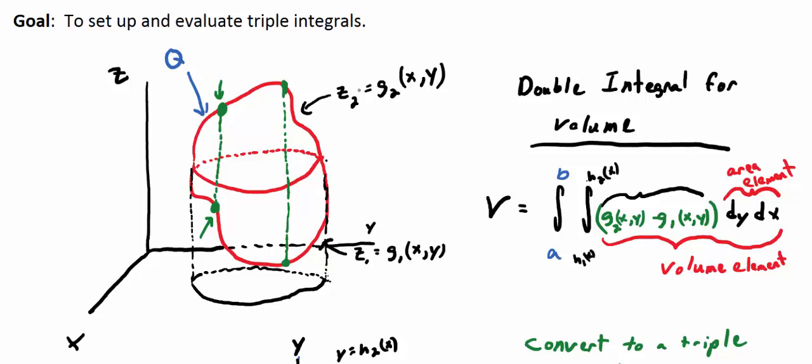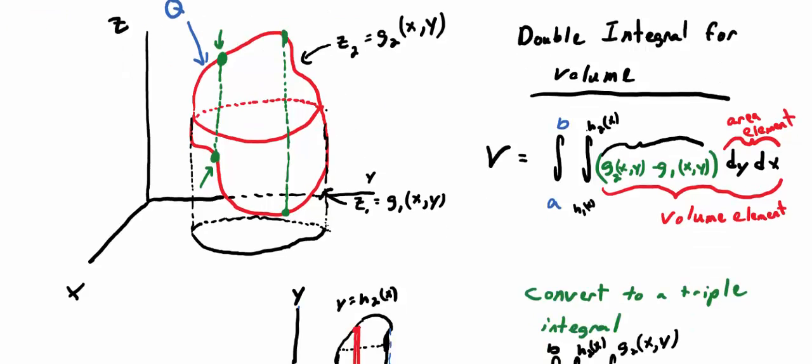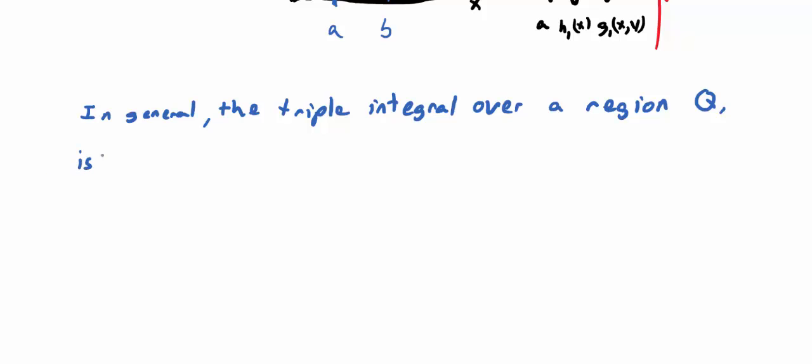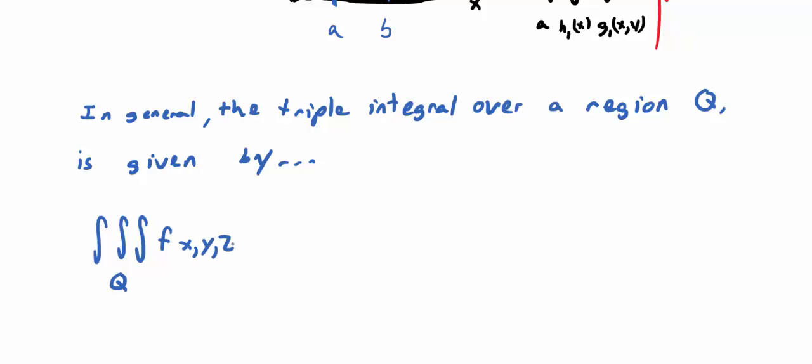It's comprised of 2 functions the way I've drawn it, but we could call it Q. The triple integral over a region Q is given by, okay, here's the notation first of all. We could use the triple integral signs, then underneath that put Q. And then we stick a function in there, f of x, y, z. And then we use a dV.